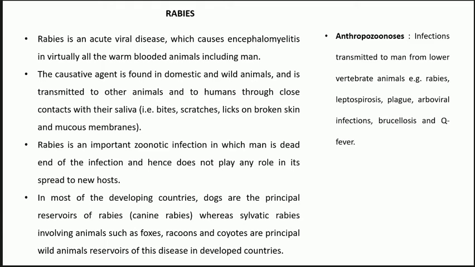The causative agent is found in domestic and wild animals and is transmitted to other animals and humans through close contact with their saliva. If we talk about rabies, then always dogs, stray dogs, canines, most of the canines.